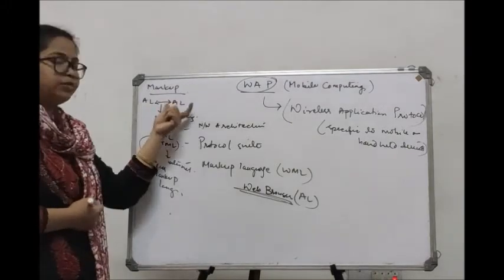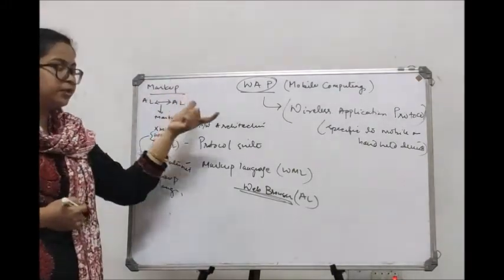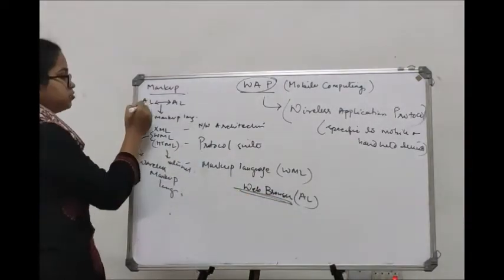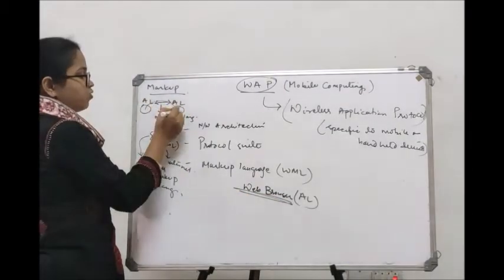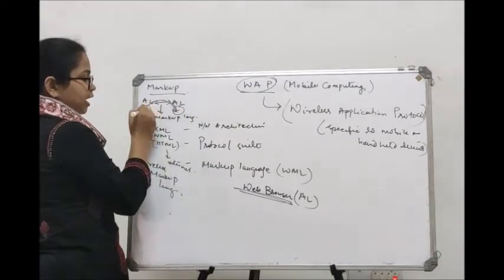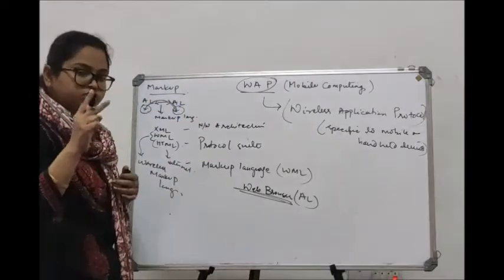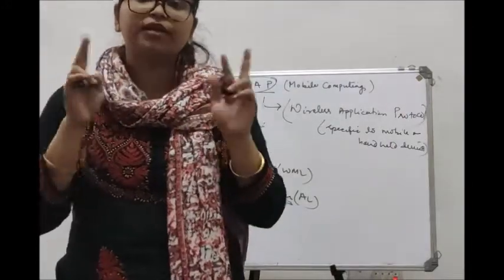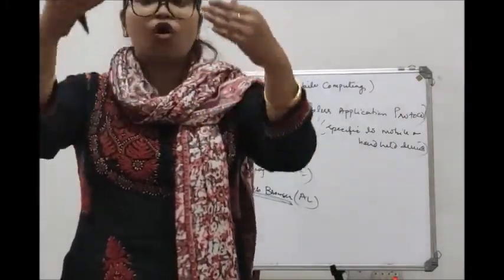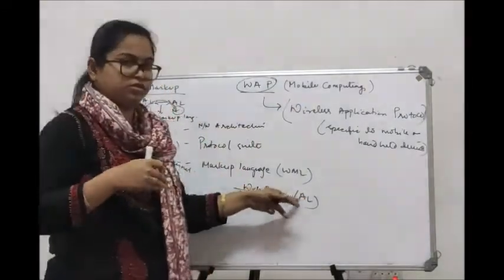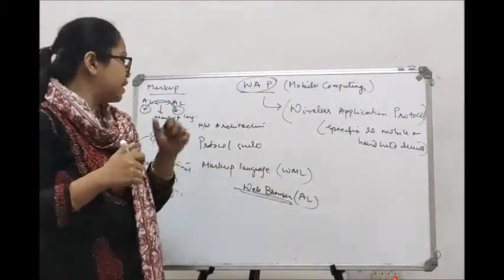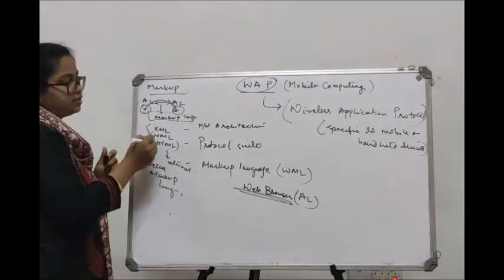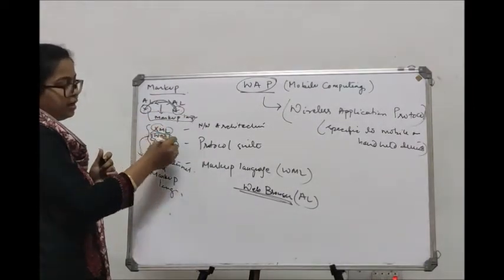From application layer to application layer, to communicate we need a web browser: here is the web browser, here is the web browser. For any two machines connected to the internet to talk to each other, we need web browsers. The web browser understands markup language, which is of various types like XML, WML, and HTML.